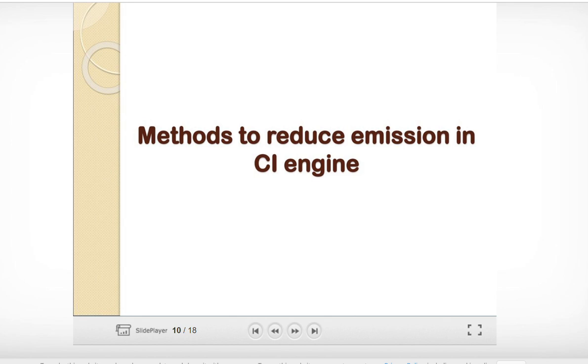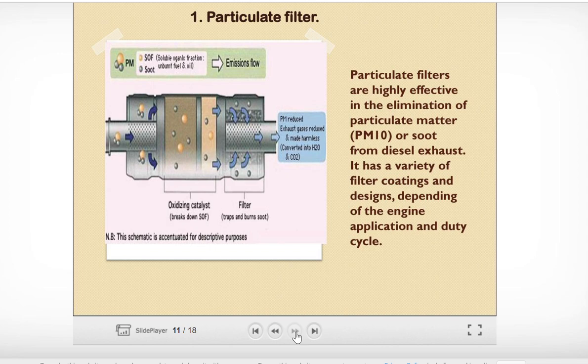So we say that diesel vehicles actually produce particulate matter in the form of soot. Now, to reduce emissions in CI engines, other than methods like the catalytic converter and the EGR valve, we also have another method that is added called the particulate filter.